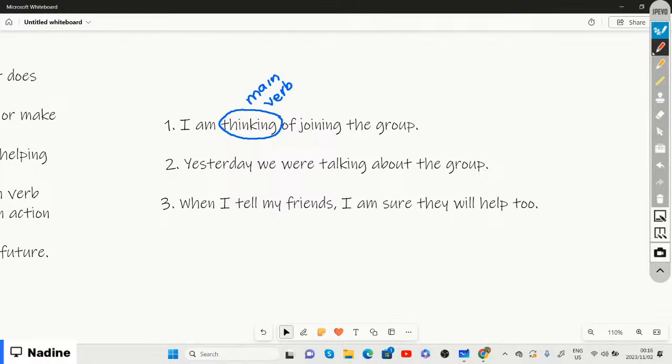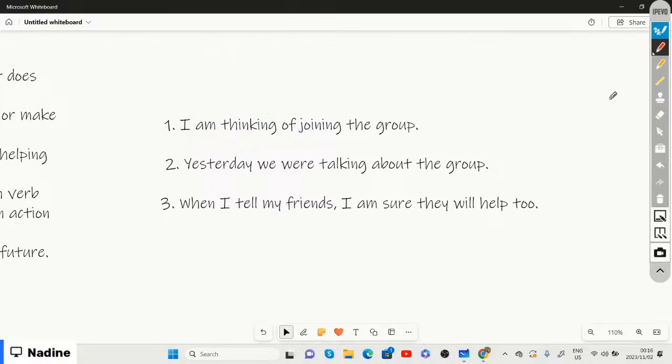Remember, the helping verb is the word or the verb that is just in front of the main verb. So basically, the helping verb is am. Right? So I am thinking. So this is the helping verb. So am is the helping verb.